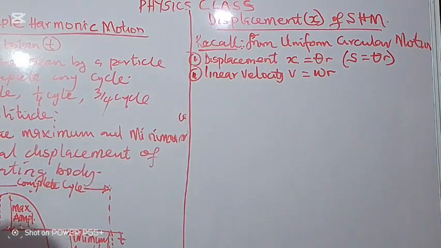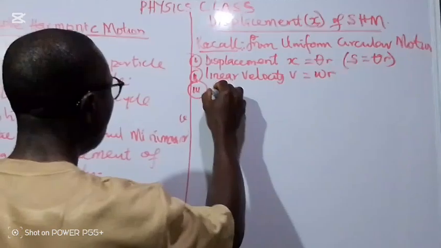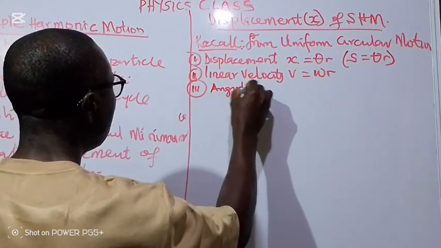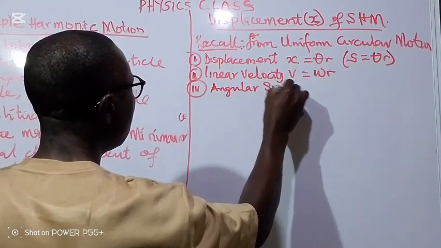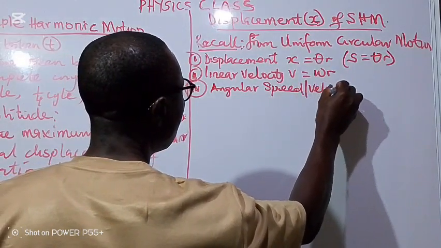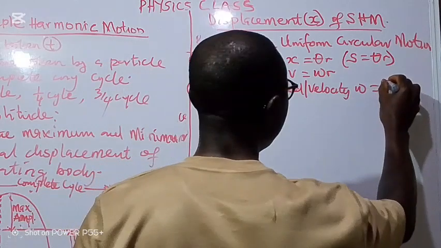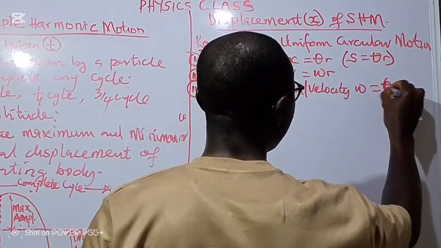Roman figure 3, angular speed or velocity: omega is equal to theta over t.